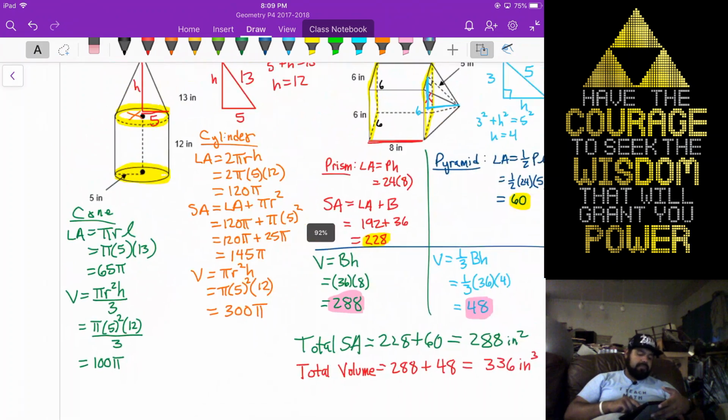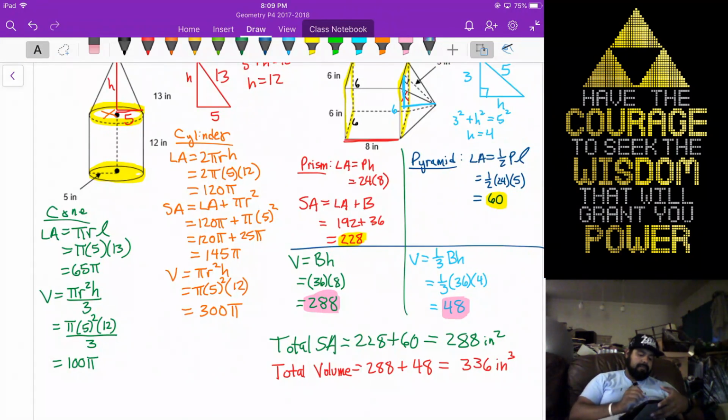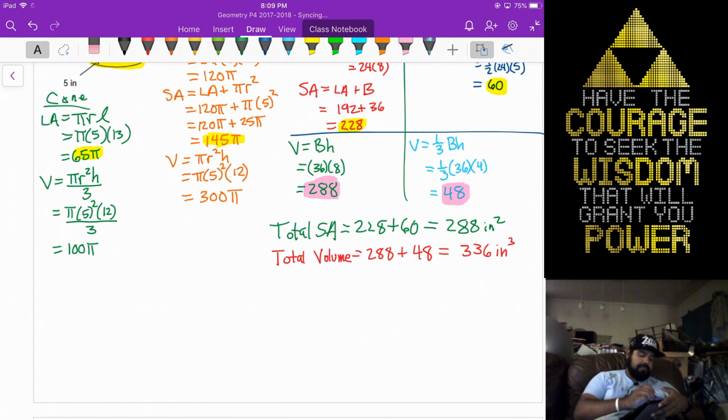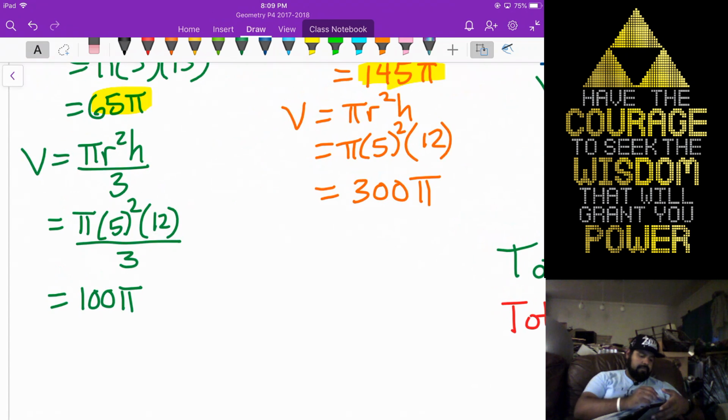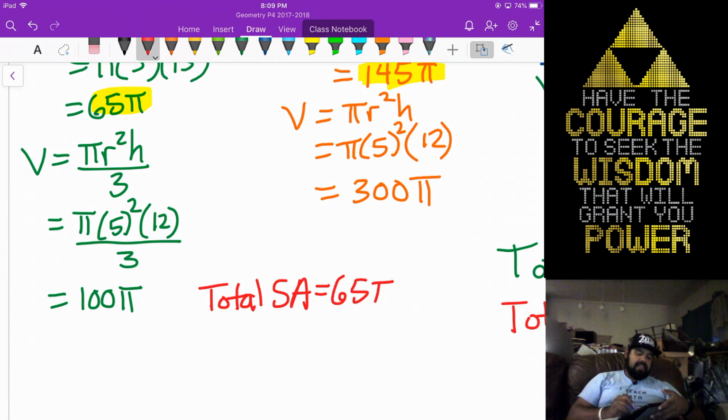So now, to finish off the problem, we're going to take our lateral area from here and the surface area from here, add them together to get the total surface area. Now, Charmaine, you're going to add those two together, and you're going to tell me what that gives you.